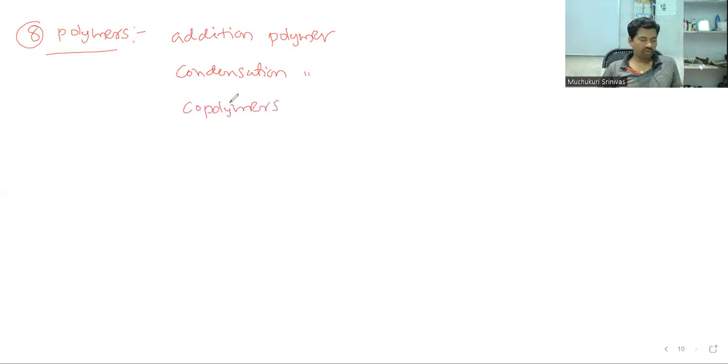Then next one, Ziegler-Natta catalyst. Then what is PDI, polydispersity index? Then another important one, vulcanization.